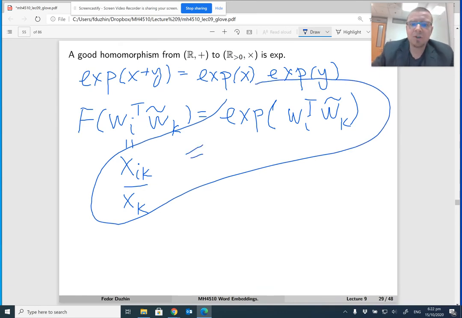So we have this relation, and we're going to just apply the log to both hand sides. Log of exp is just the expression inside the exp.